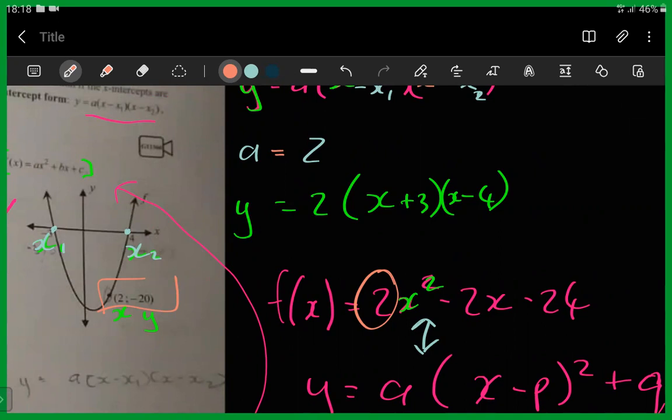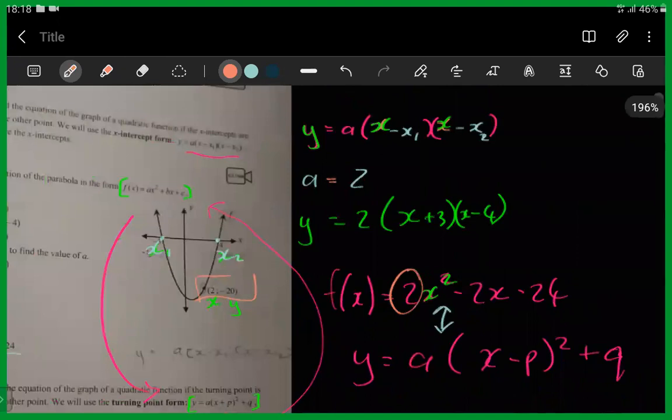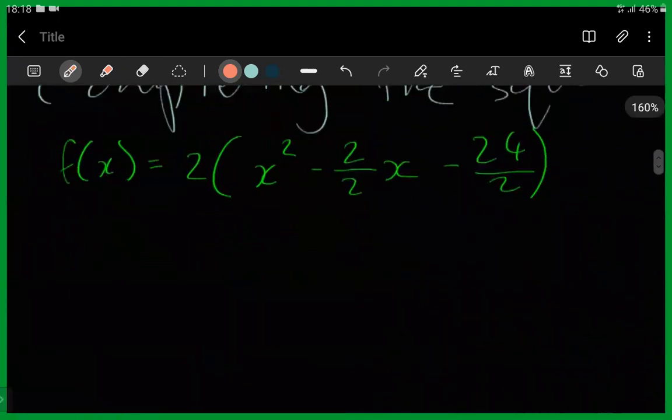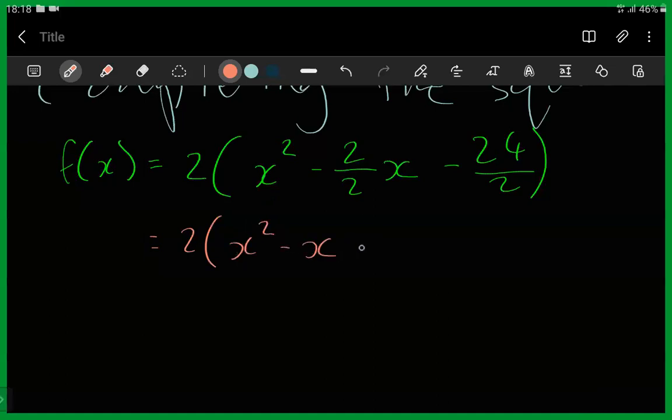Okay. Yeah, that's the first thing you have to do. So once you've done that, in this situation, we can firstly simplify what's inside before we actually complete the square. You see? Okay. You just write it down.